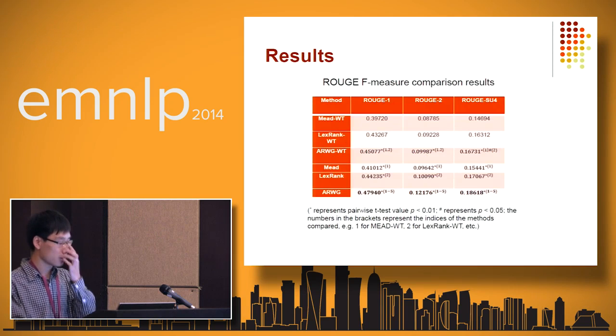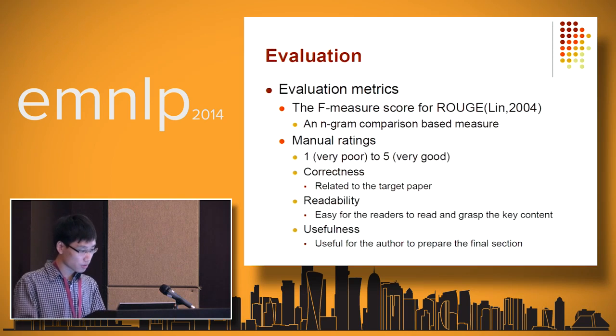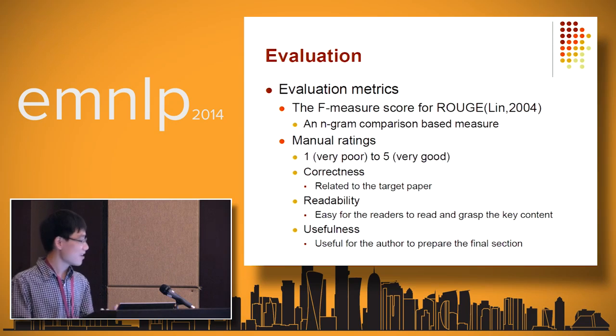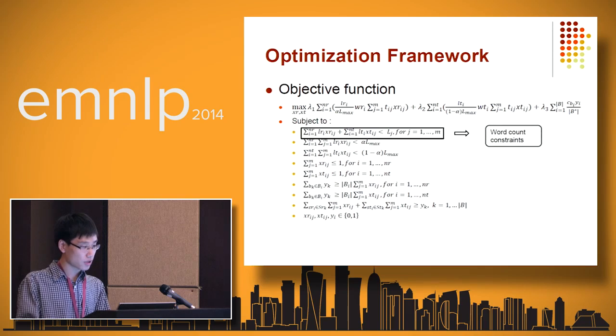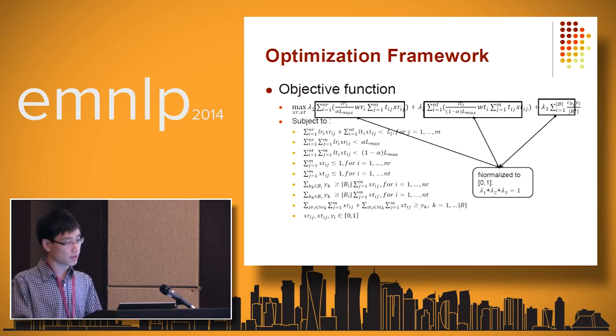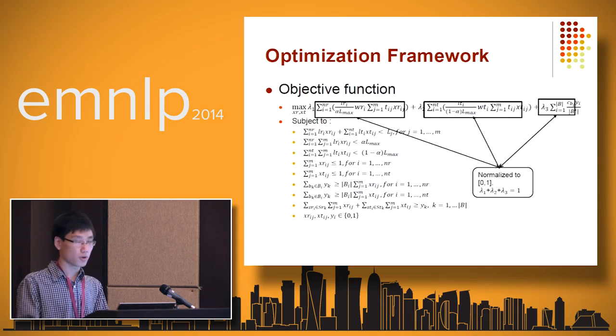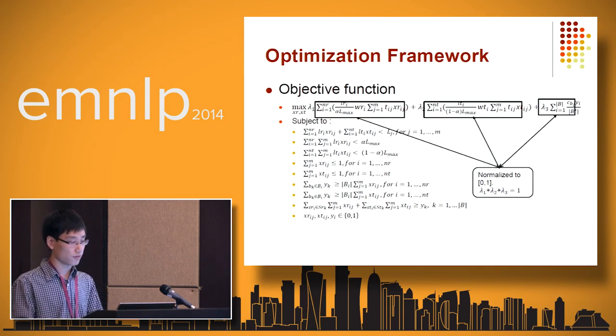Because we used a supervised learning model, and we learned the sentence score based on a large data set, and the optimization framework we used can select the global optimization results from the results.